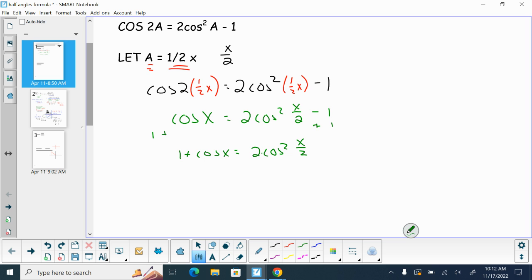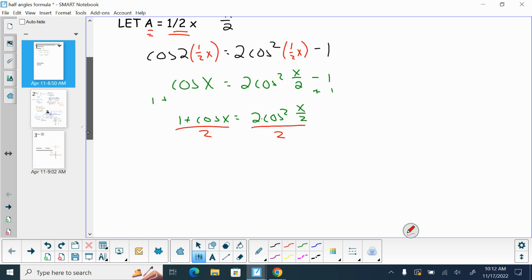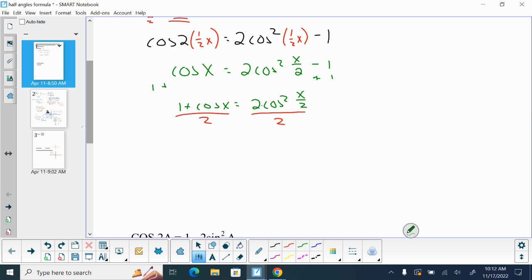We have multiplication by 2. We divide both sides by 2 here. I'm just going to write my square term first. So we have cosine squared of half x is equal to 1 plus cosine of x divided by 2. Then to get rid of a square, we can square root both sides.